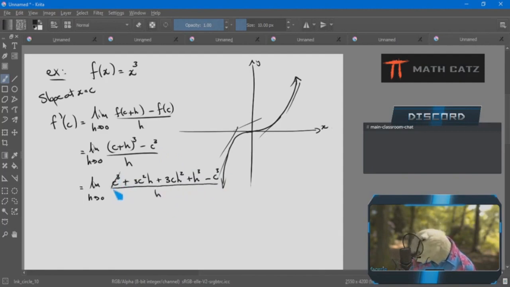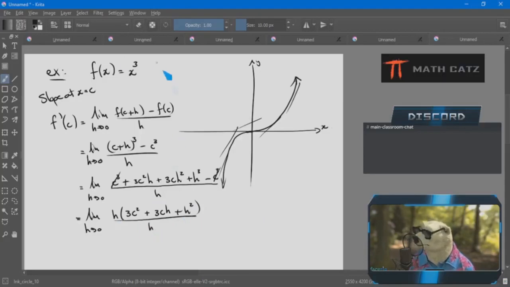And now you see that the two c cubes cancel. And in what's left, I can factor out an h, 3c squared plus 3ch plus h squared left in the bracket. Yeah, more complicated function, more algebra. It's going to happen. Then I can cancel out the h's.